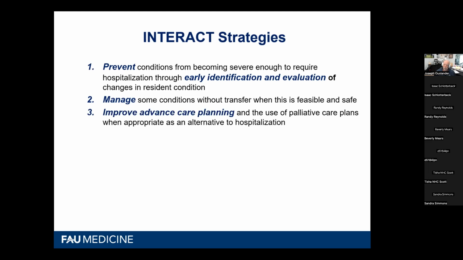A third strategy is to improve advanced care planning. Many of the hospitalizations that are rated as potentially avoidable are because people are being sent back and forth to the hospital for futile care. I understand a lot of this may be related to the families, but I have my own way of dealing with that, and everybody does.